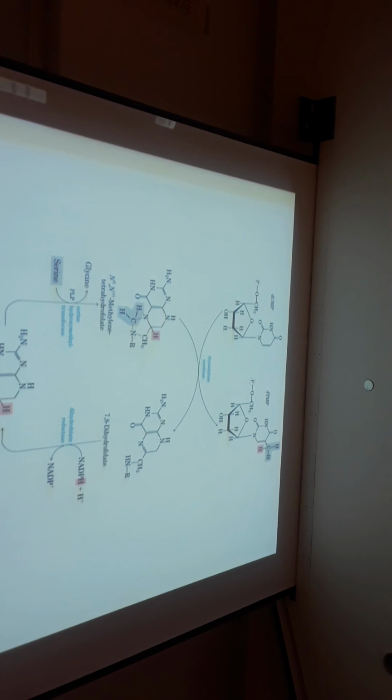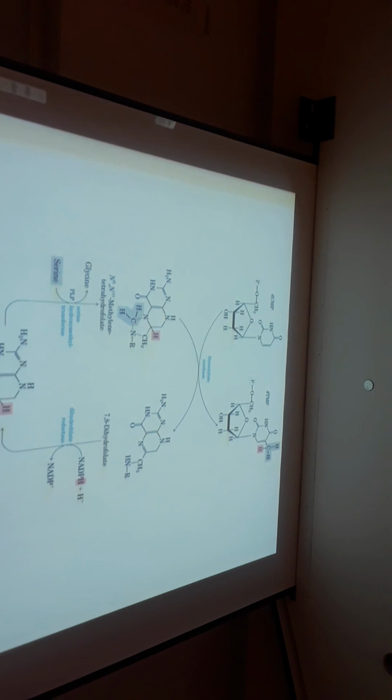So if you mess with this enzyme, dihydrofolate reductase, inhibit it utilizing so-called antifolates like aminopterin and methotrexate, you not only knock out the activity of this enzyme, but you also mess with the synthesis of nucleotides and with this, with the synthesis of DNA.